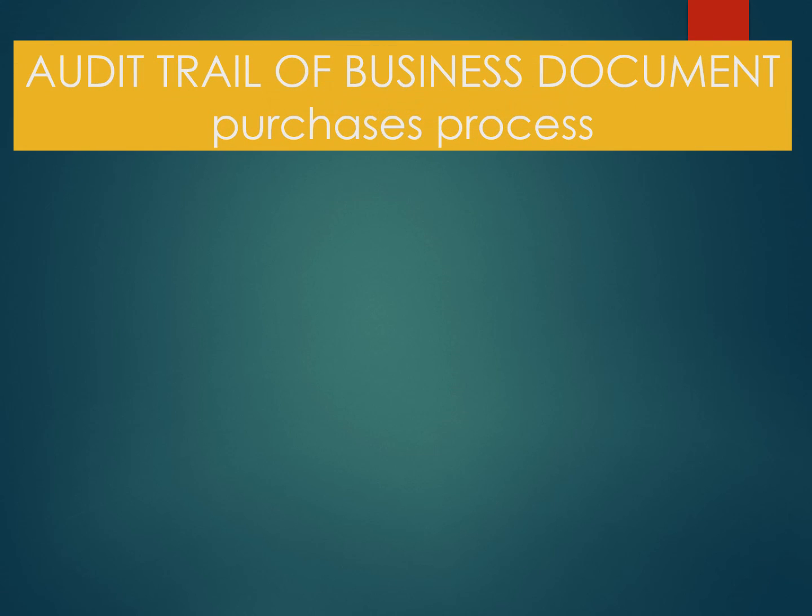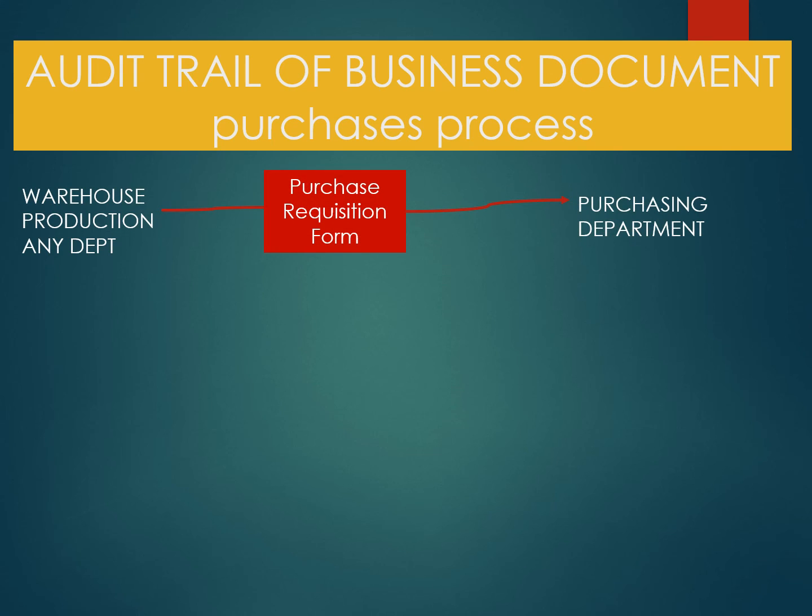Okay, next I can show you the purchase process and the audit trail of business documents in this process. Whenever we want to acquire, normally it comes from a purchase requisition form issued by the warehouse or the production department or any other department that requires some inventory for the purchasing department to purchase.